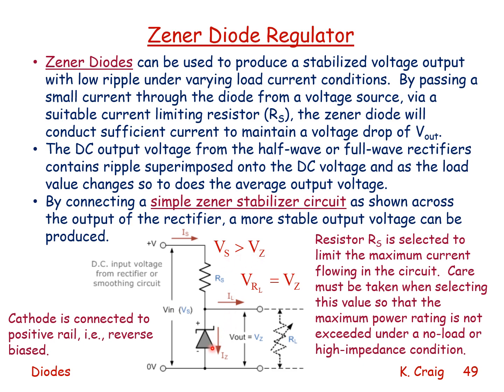And in this case, for the Zener diode, the cathode is connected to the positive rail. That is, it is reverse biased. Resistor R sub S is selected to limit the maximum current flowing in the circuit. Care must be taken when selecting this value so that the maximum power rating is not exceeded under a no load or high impedance condition.